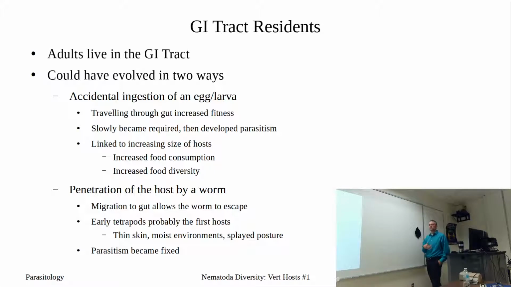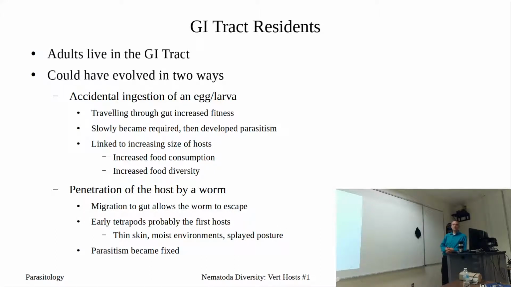Now, how would this occur? What organisms? It's thought that if you're going to take this route, you're going to go into an organism that has thin skin, requires some sort of moist environment, and is low to the ground, so you increase the surface area on which these worms can penetrate. Possible hosts are these early tetrapods.